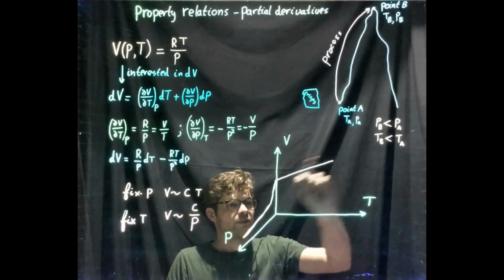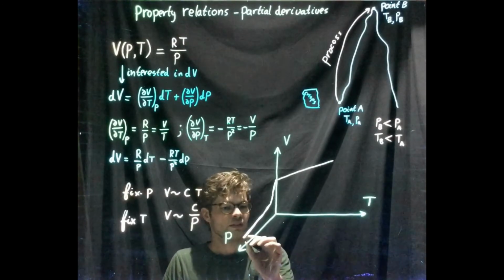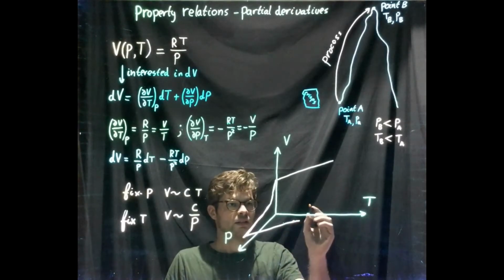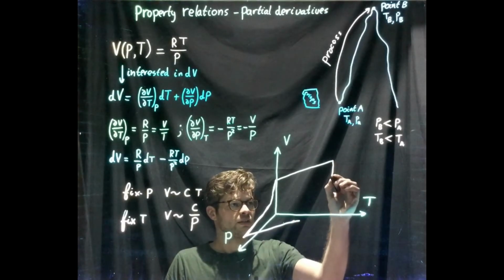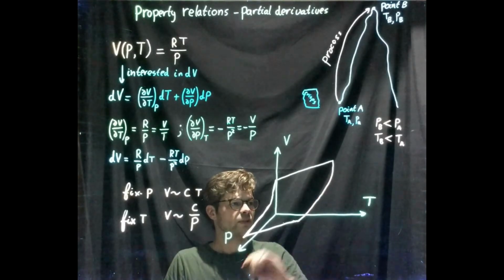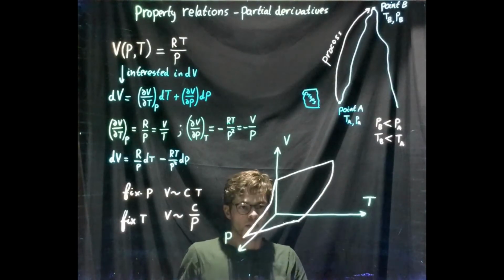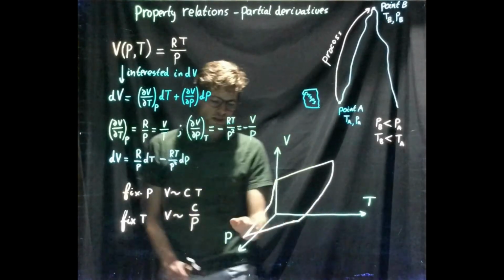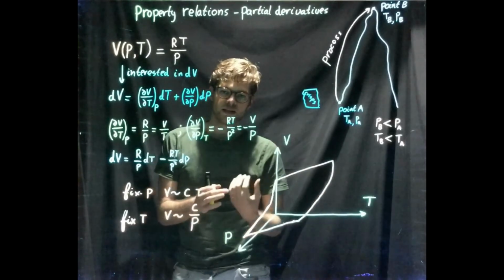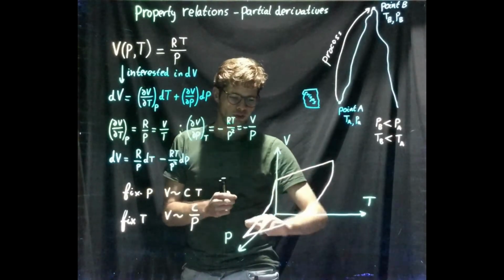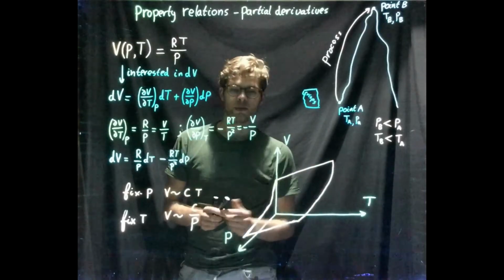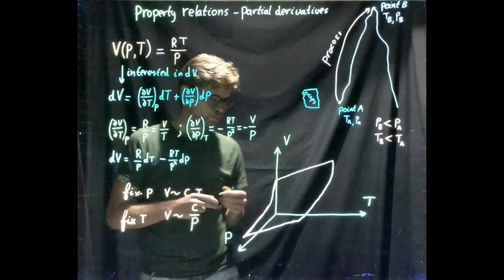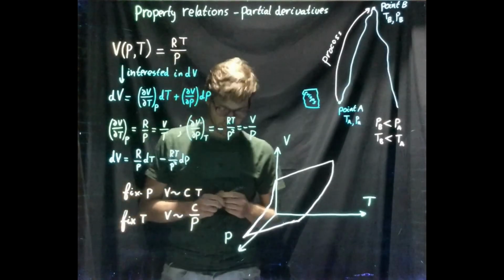Well, I know if that happens here, behavior will be the same on this side. So I can just try to draw a parallel line. And over here, behavior will be comparable. Okay, so this is the surface of the volume. So this is how the volume is described by pressure and temperature. You may remember this surface from the exercises, the PVT diagram.